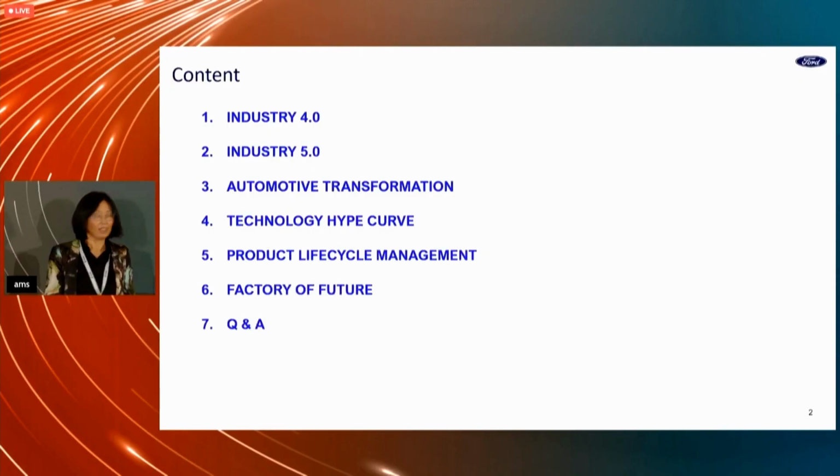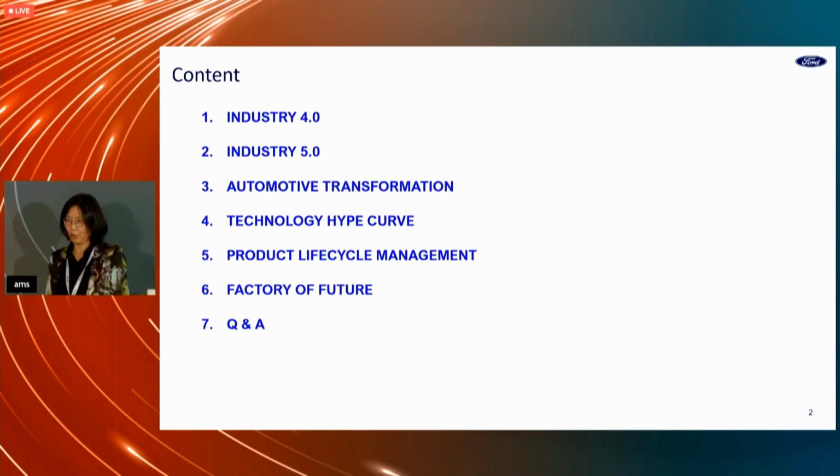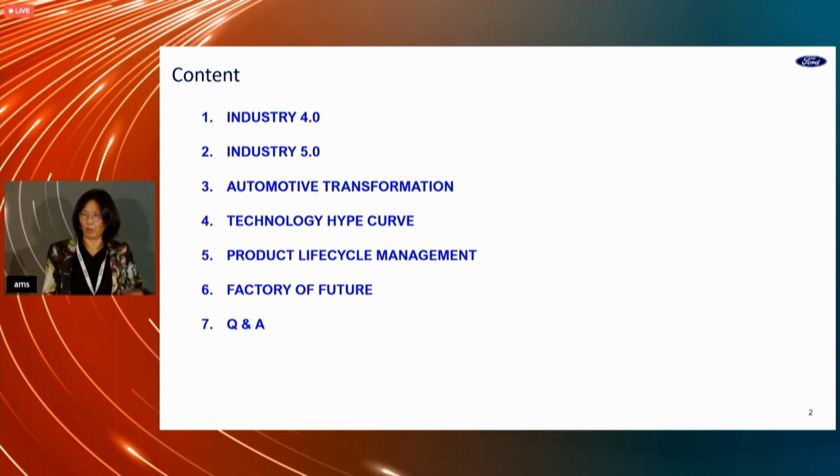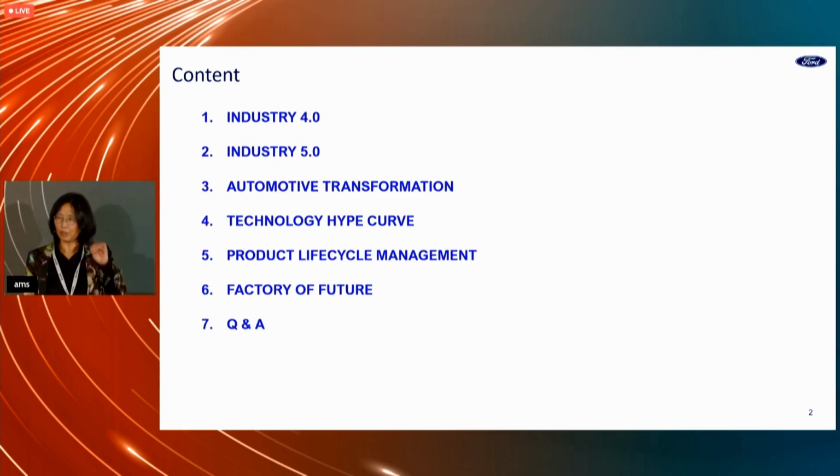So, good afternoon, everybody. Thank you very much for having me here. Today, I will give you just some overview of what the factory of the future looks like. First, I will start with the definition of Industry 4.0 and Industry 5.0, and then go to our automotive industry transformation process, and then give you some ideas of how the technology hype curve works.